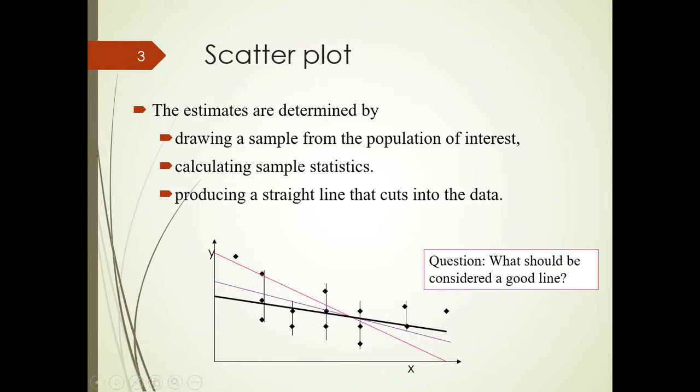So the predictions of the three persons who drew the three lines are different. So this becomes a confusion about the predicted value. Now the question is who is right, or which of these three lines should we use?